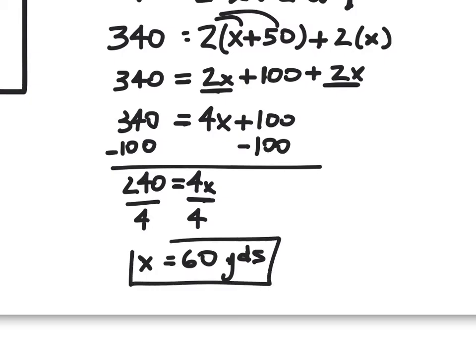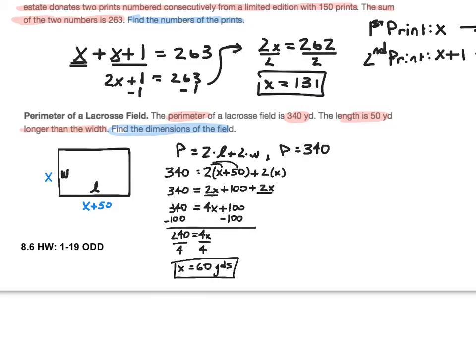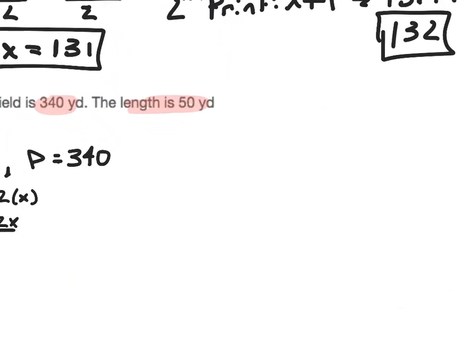So I have that information. I know what x is, but now the question's asking me, what are the dimensions of the field? So what I want to do is say, okay, my width is just equal to x, and then my length, L, is equal to x plus 50.